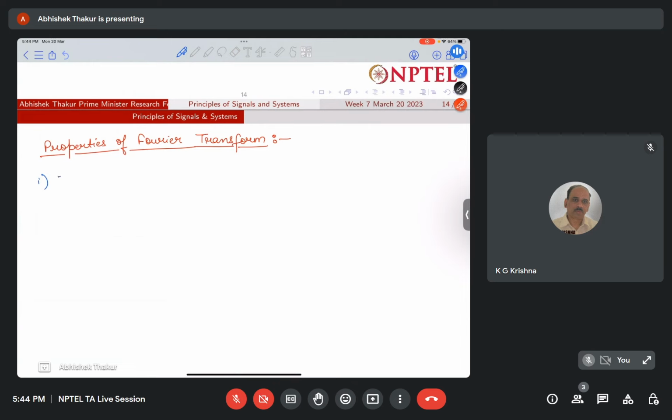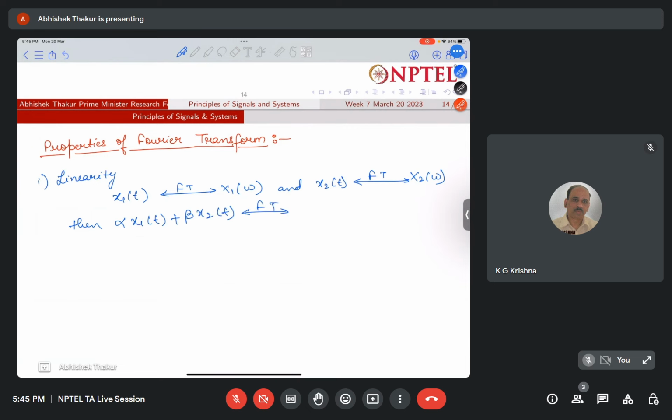The first one is linearity. Then the Fourier transform of alpha x1t plus beta x2t will become alpha x1 omega plus beta x2 omega.